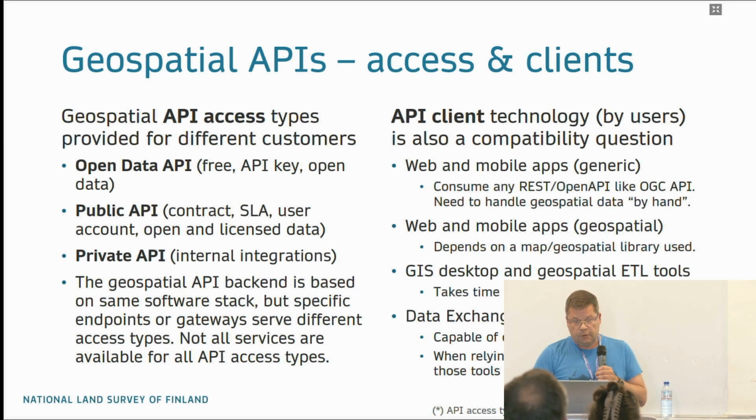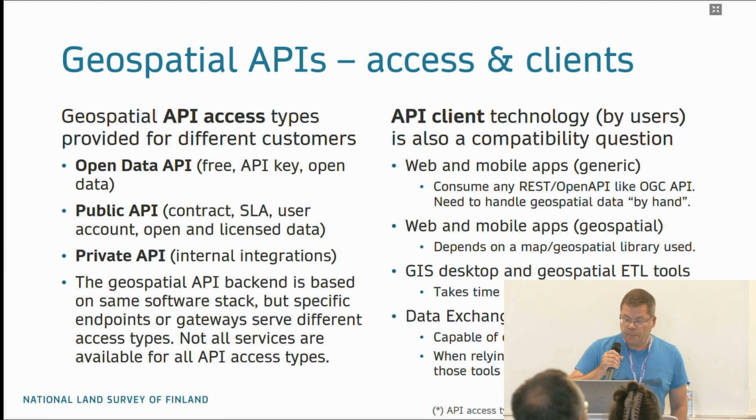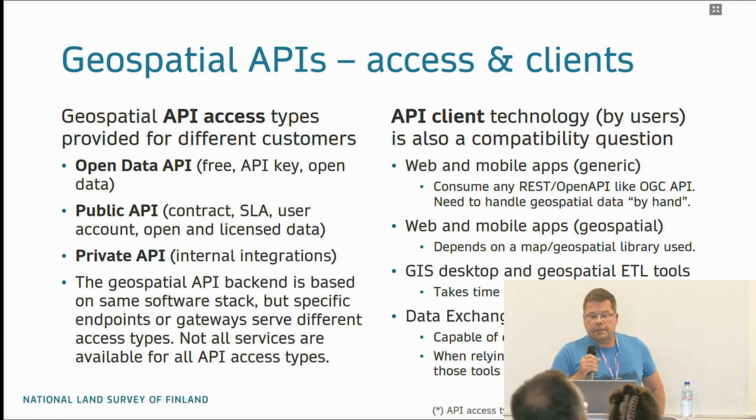Then other side, API client technology, it also affects how interoperable our APIs really are. For example, web and mobile apps for generic user clients, they can easily consume REST or OpenAPI type of APIs, but they have to manage geospatial thing somehow.